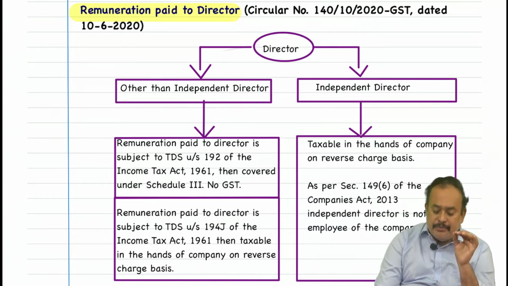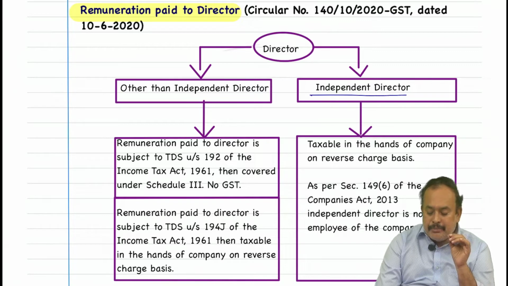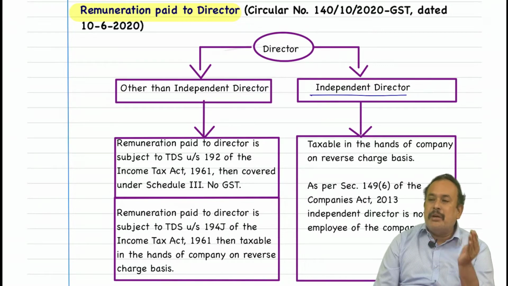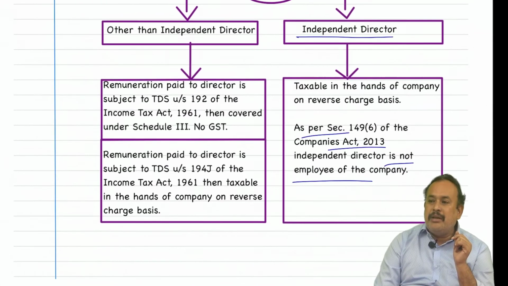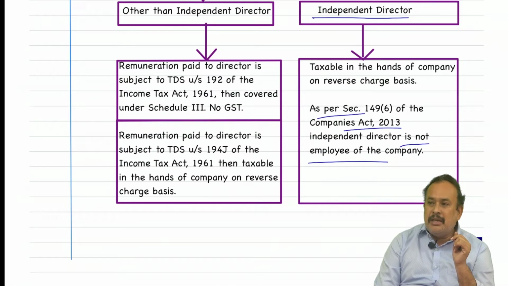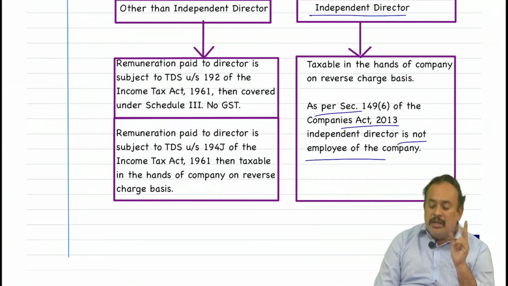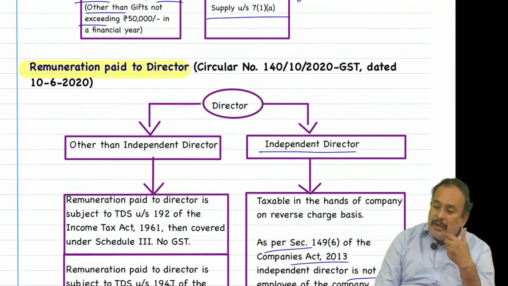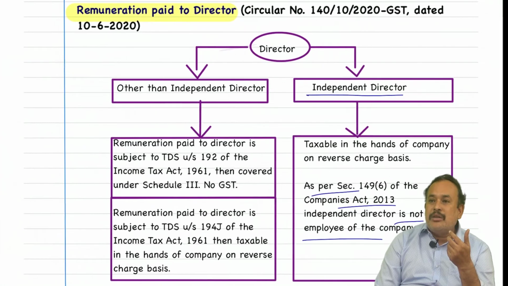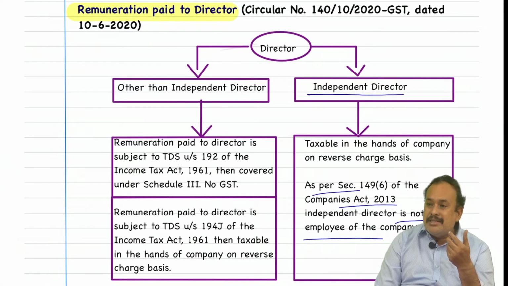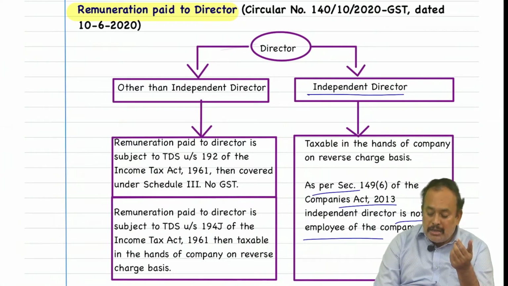An independent director or nominee director cannot be an employee of the company as per Section 149 subsection 6 of the Companies Act 2013. Therefore, whatever supply of service is provided by an independent director cannot be called in the course of employment. As long as it is not in the course of employment, it is taxable.